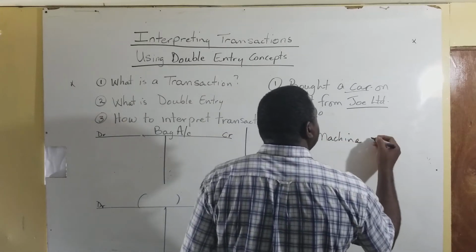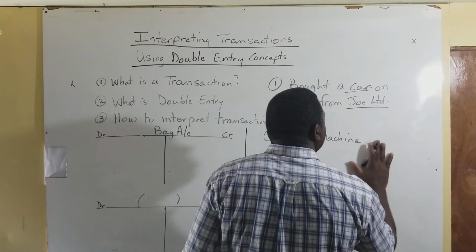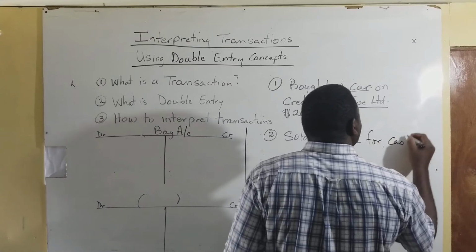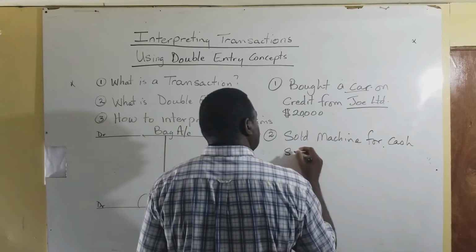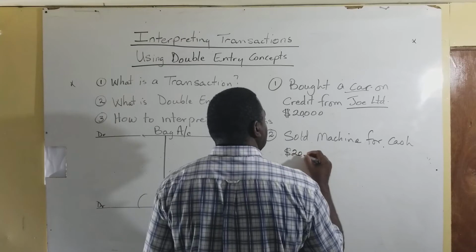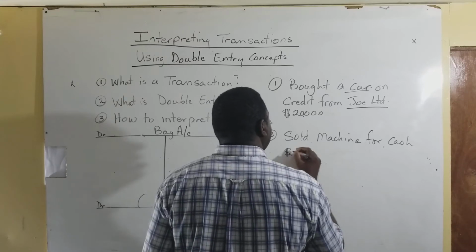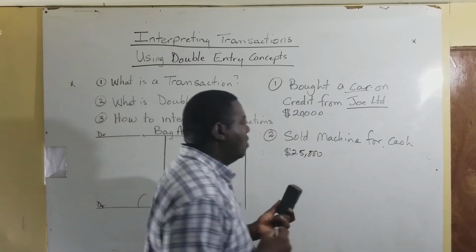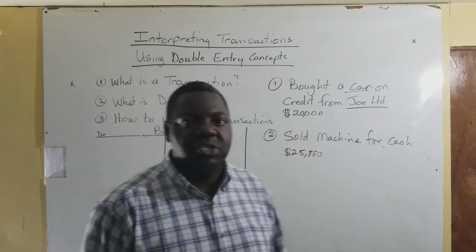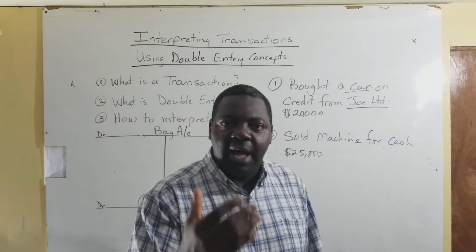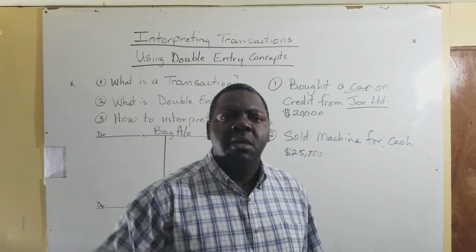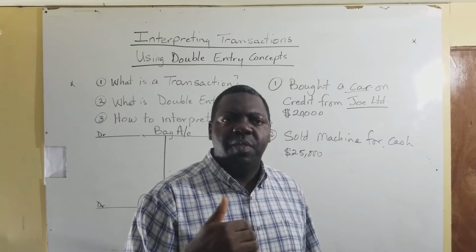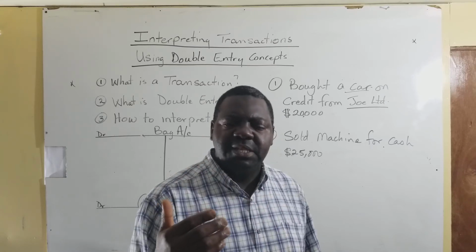Sold machine for cash. Let's say it is $25,000. We sold machine for cash. Again, we're going to ask ourselves the question to determine the two accounts affected in the transaction. We always try to do that, to find out the two accounts affected in the transaction.